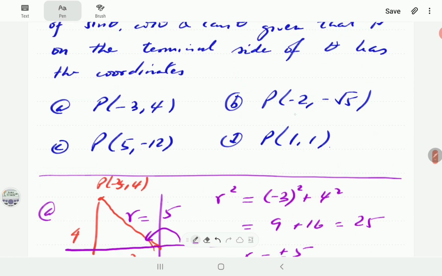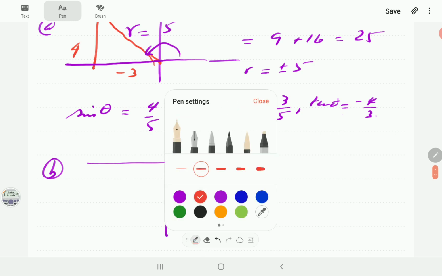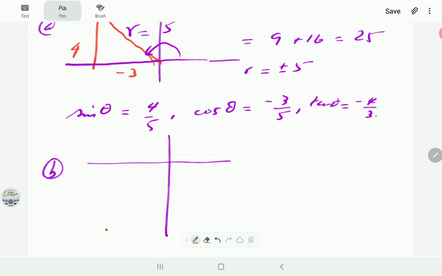Question 2, both of the coordinates are negative, so that means we're going to have an angle in the third quadrant. Okay, so P is negative 2, negative root 5. So this is going to be negative 2. This is going to be negative root 5.